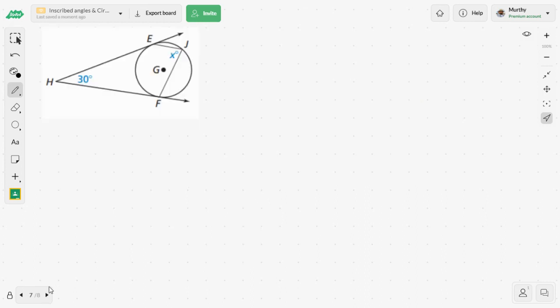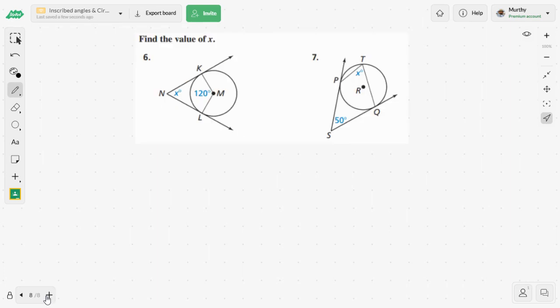See that this is different. Let me take you to the next page, and I want you to see the difference between these two. Here, notice that one is the angle formed outside the circle, and this is the central angle.